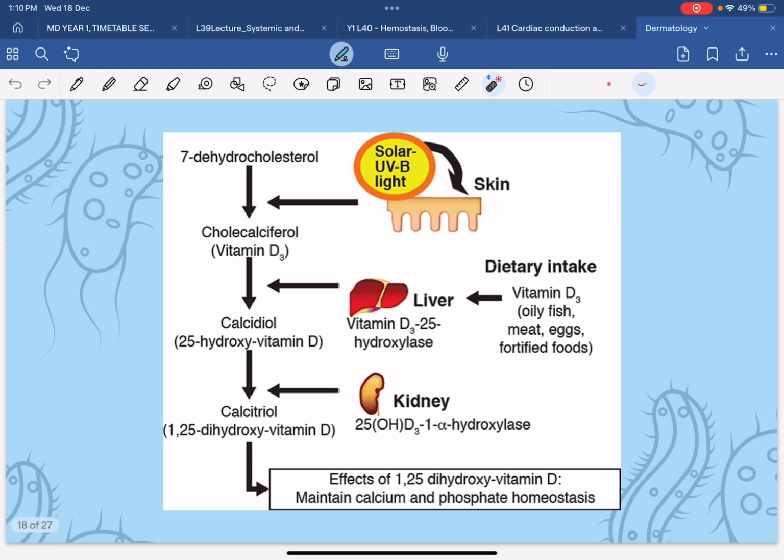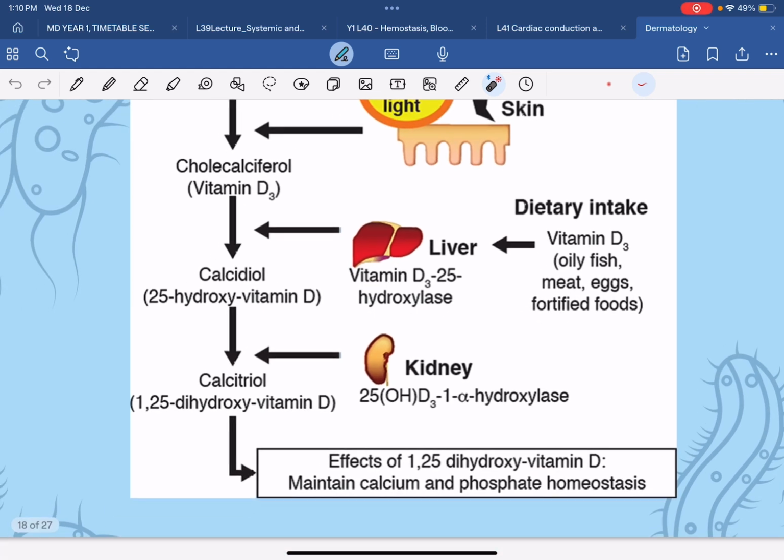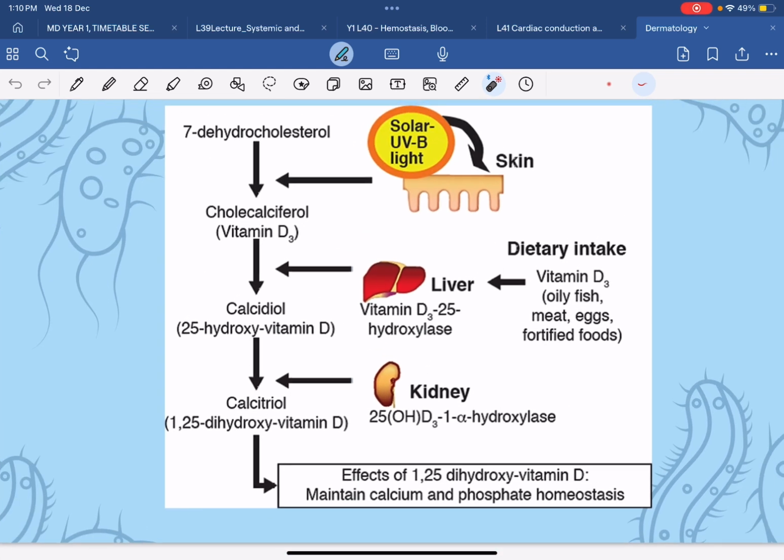Then in the kidney, with the help of 25-OHD3 1-alpha-hydroxylase, we convert the 25-hydroxy vitamin D into 1,25-dihydroxy vitamin D, which is called calcitriol. So it will help to maintain calcium and phosphate homeostasis.